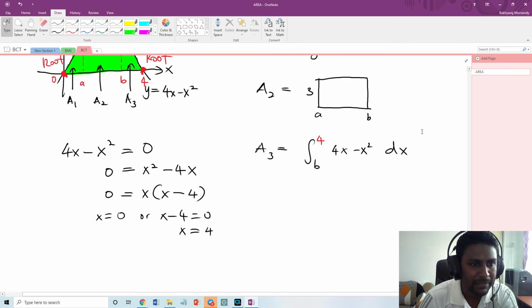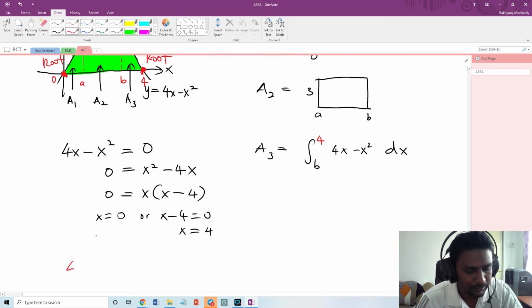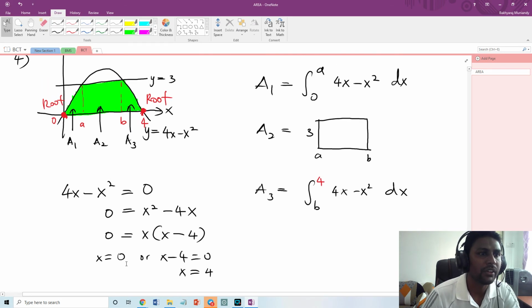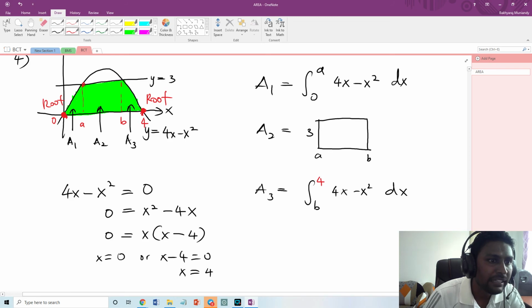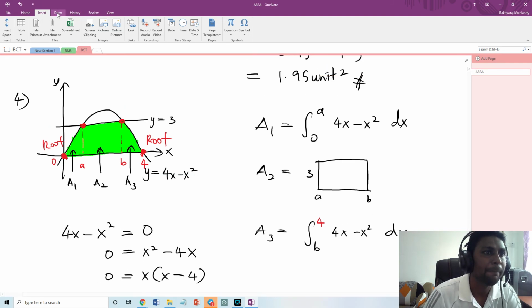Okay, how to find AB? 4x minus x square equals to, yeah, correct, very good. If I want AB, then I need to find the interception point. Remember, we are looking for the interception point.